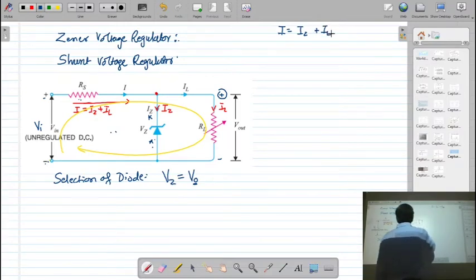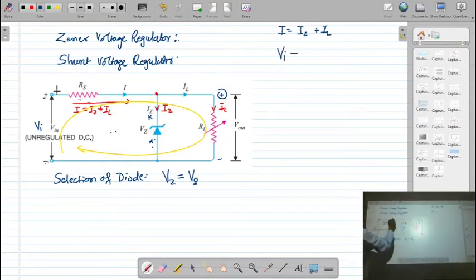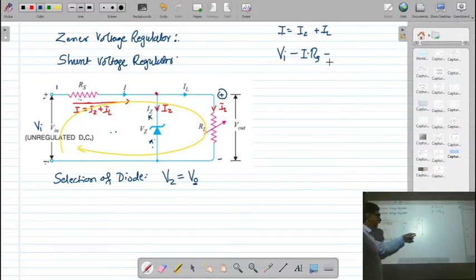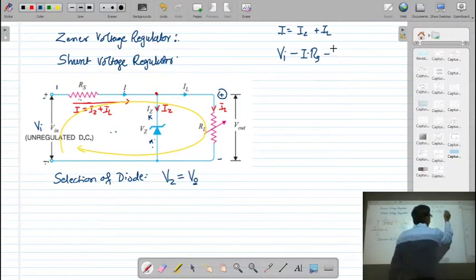Correct? Now we apply the Kirchhoff's law, so you are moving from negative to positive. So this equation is Vi minus. Now what is the drop across the Rs? So I into Rs will be there. Minus, at this point we have an output voltage from positive to negative. So it is minus Vo and this is equal to 0.